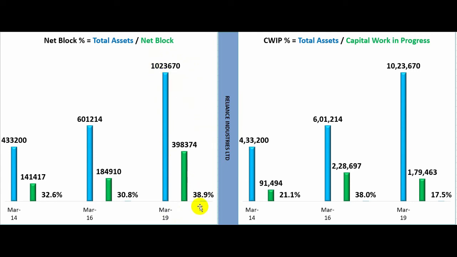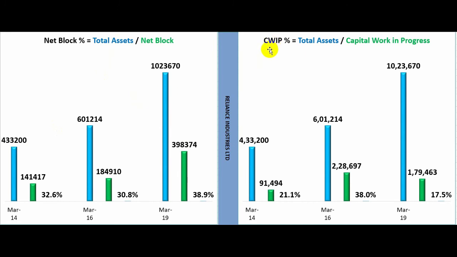So that's 38.9% of fixed assets against the total assets of the company. Even if you look at 14 and 16 values, it was always around these numbers. My benchmark or cutoff is that it should be less than 30%. But when we look at the overall trend throughout the years, fixed assets always occupied a big chunk of the total balance sheet size.